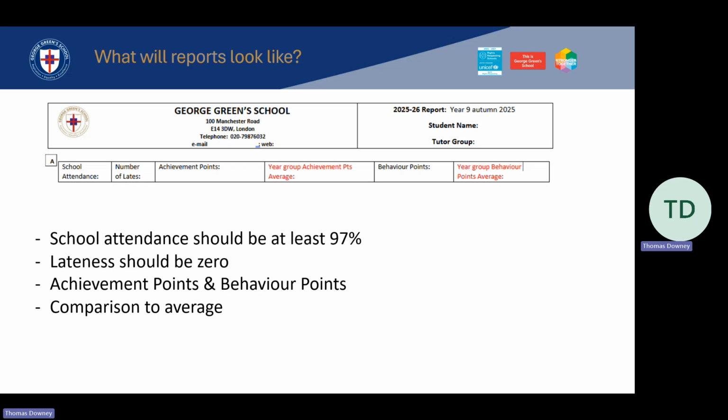So there will be information on the number of achievement points and the number of behaviour points. To help you make a comparison, you will also be able to see the average achievement points and the average behaviour points for that particular year group. The aim is to have more achievement points than the average and fewer behaviour points than the year group average.